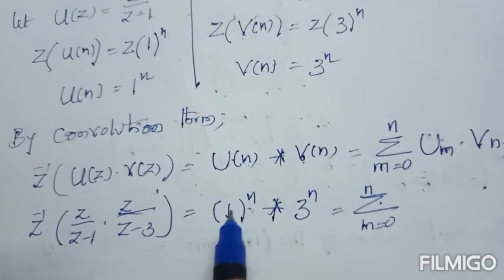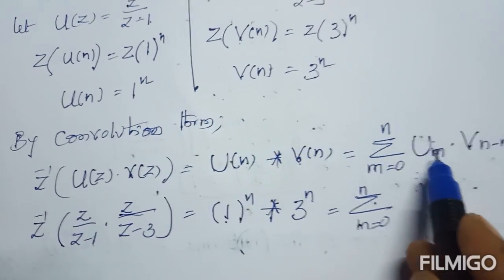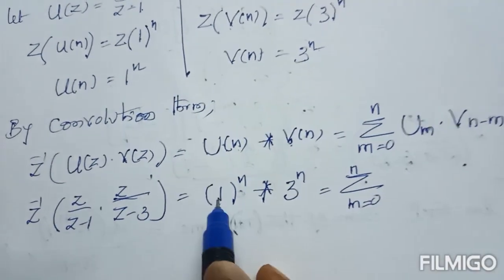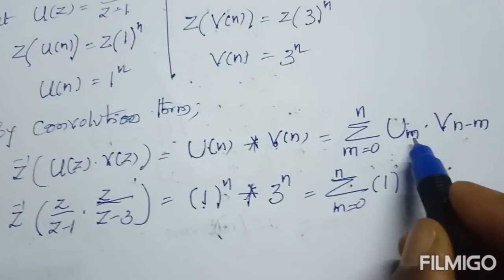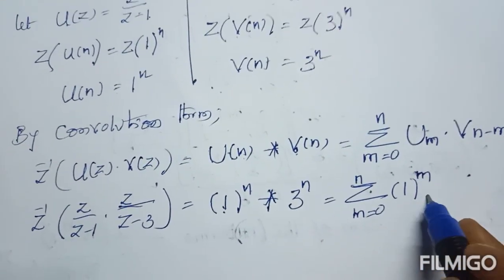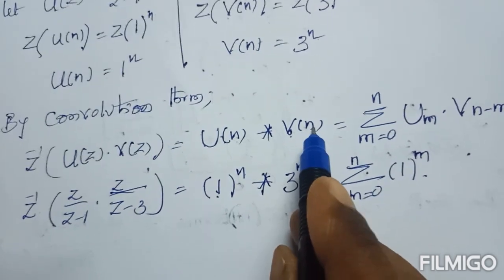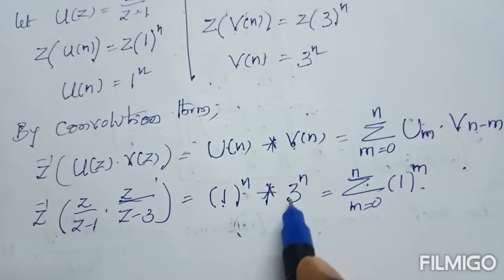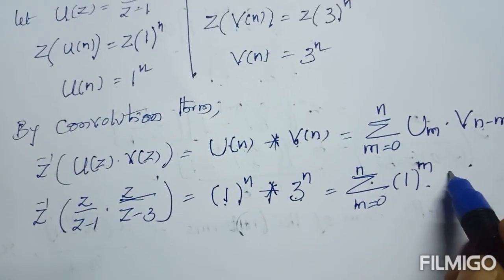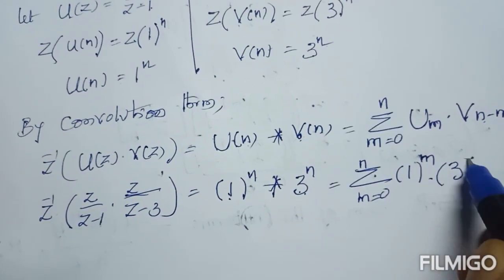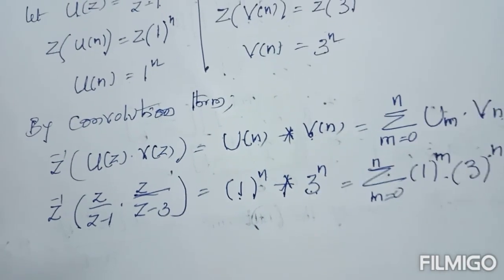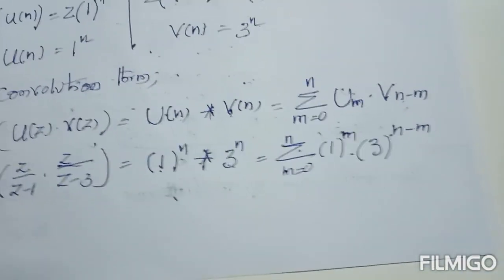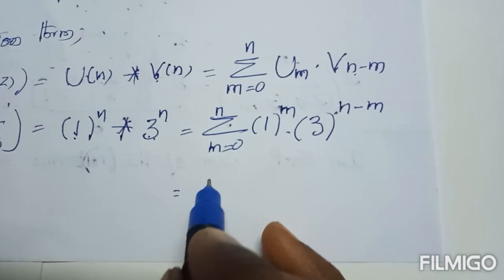In the first place n, the sequence is as it is, but in place of n the value is m. Second sequence as it is, but in place of n it is n minus m. Similarly, the second function 3 as it is, in place of n the value is n minus m.